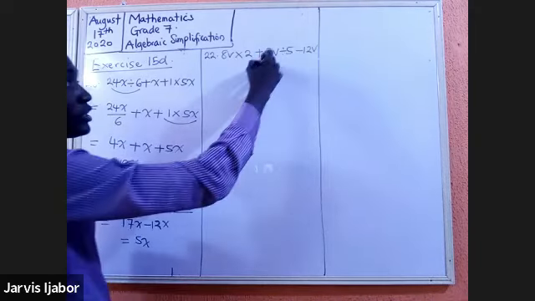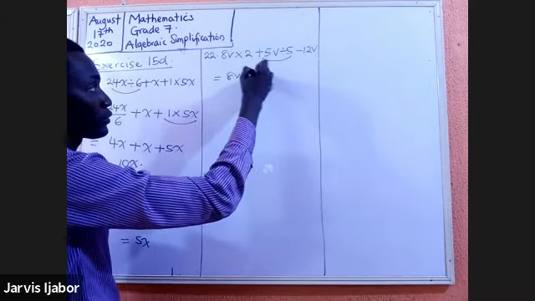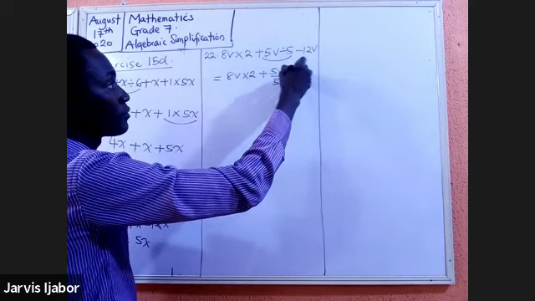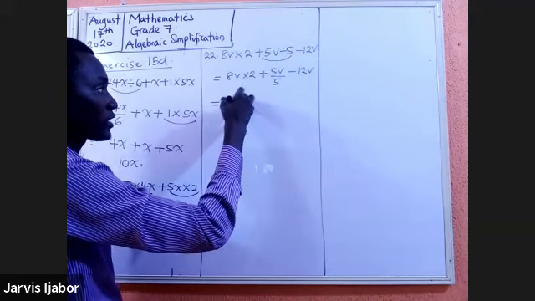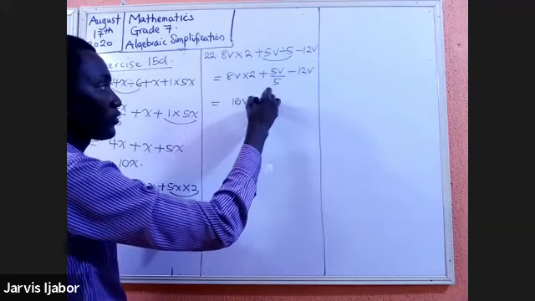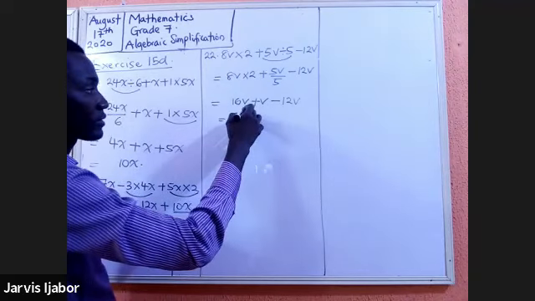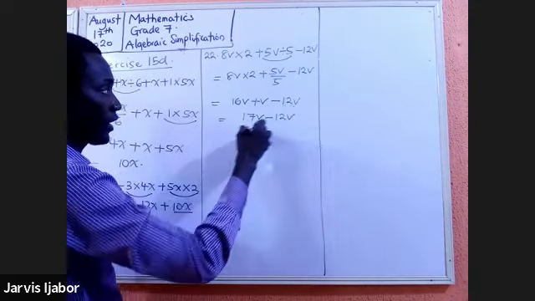You do the division first. Now the 8v times 2 plus 5v over 5 minus 12v. So this will give me 16v plus v minus 12v. We do the addition first. 17v minus 12v, and your final answer becomes 5v.